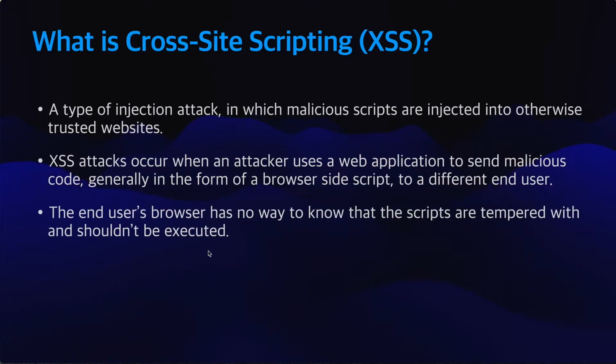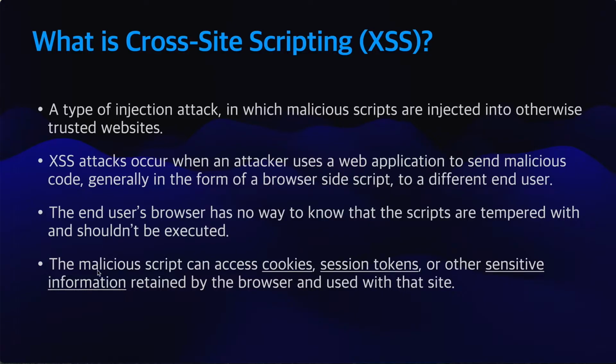And the end user's browser would have no way to know that the scripts are tampered with and they shouldn't be executed. So these malicious scripts can access your cookies, your session tokens, and otherwise sensitive information that the browser has retained and uses with that site. An example was the credentials that you just saw there.